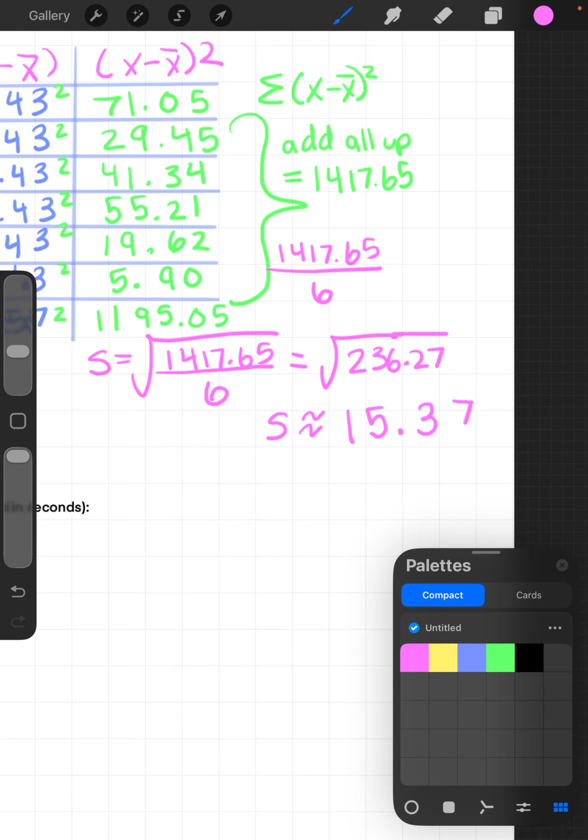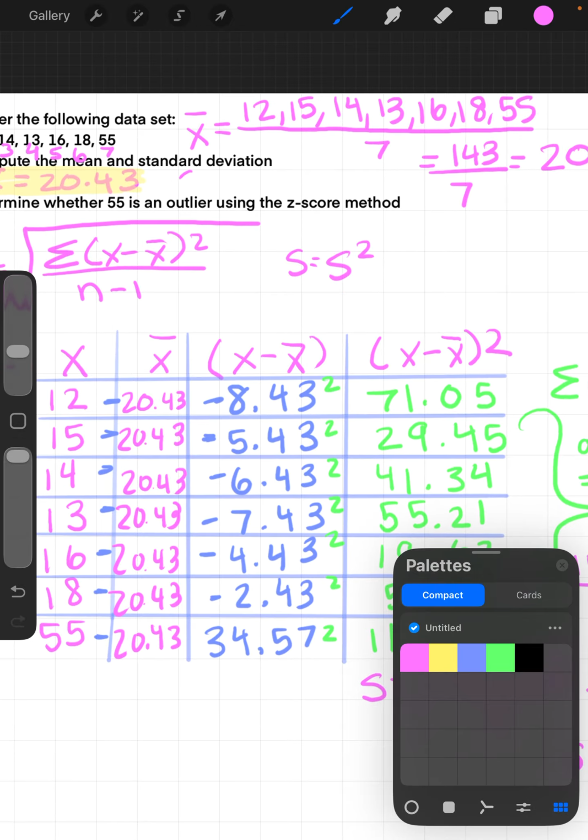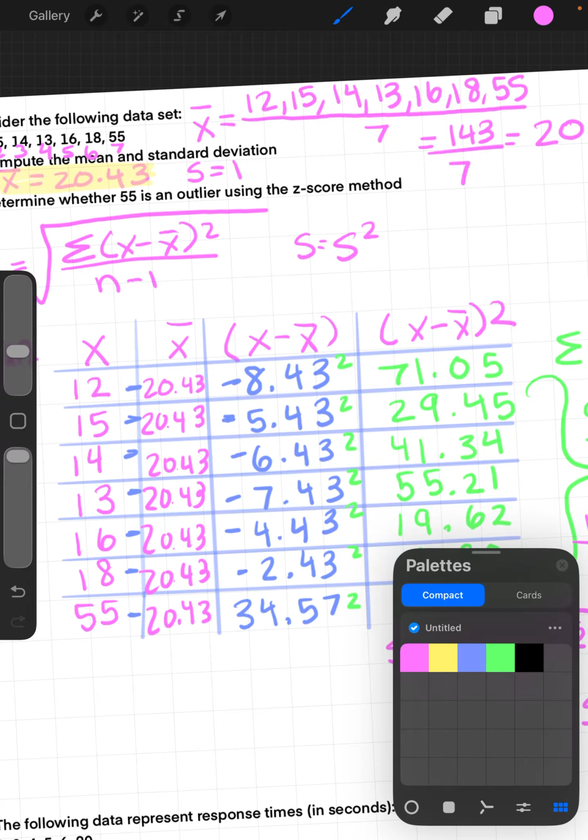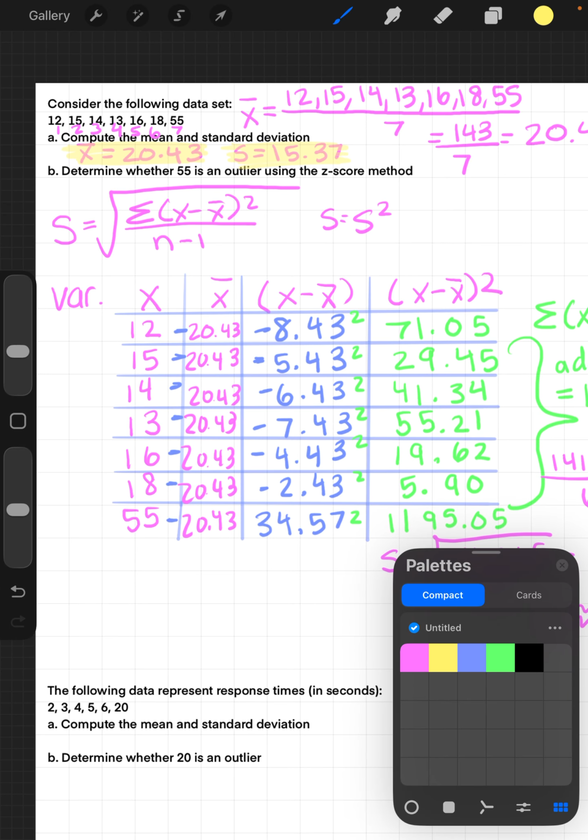Okay, so let's put that right here. And then now we're going to solve B. Determine whether 55 is an outlier using the z-score.